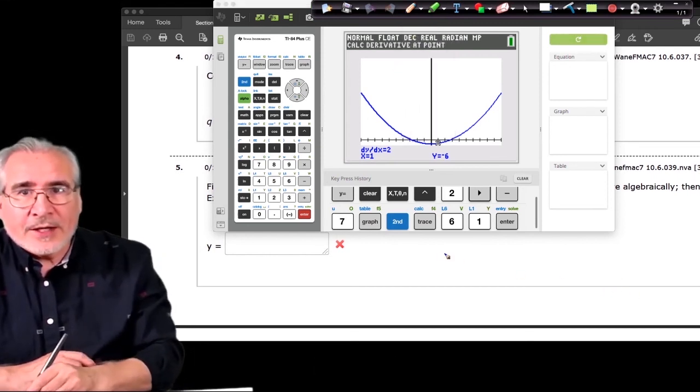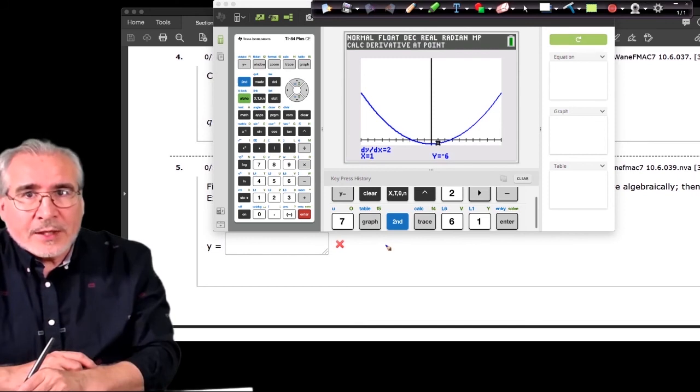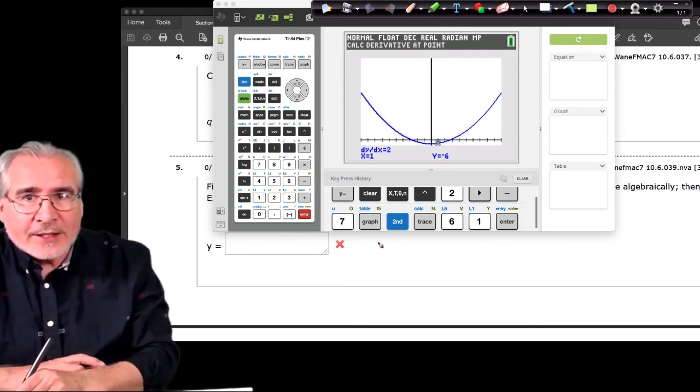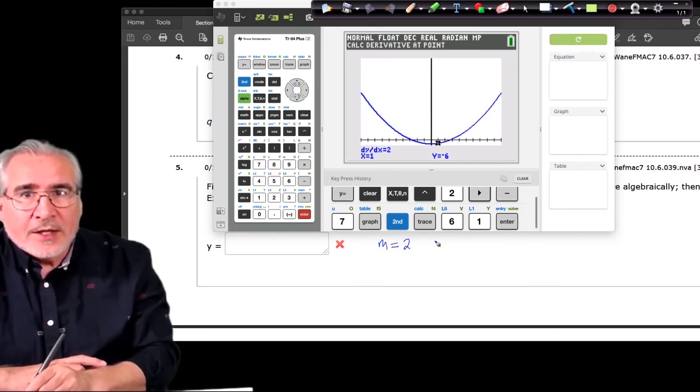So what we found is the derivative, the slope of the tangent line, and I'll write that as m, is equal to 2. We also found the point it goes through. The tangent line is going to go up like this, so it should have a positive slope. It does.